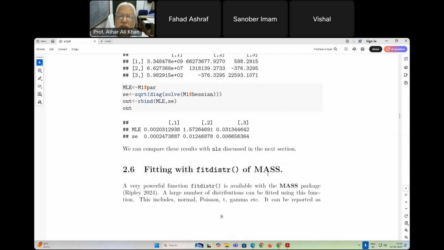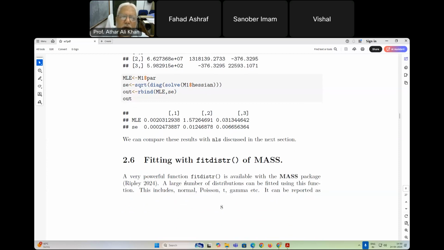Fitting with fitdistr of the MASS package. A very powerful function, fitdistr, is available with the MASS package by Ripley, 2024. A large number of distributions can be fitted using this function, fitdistr.